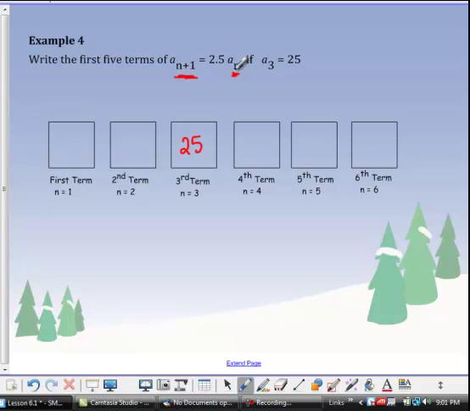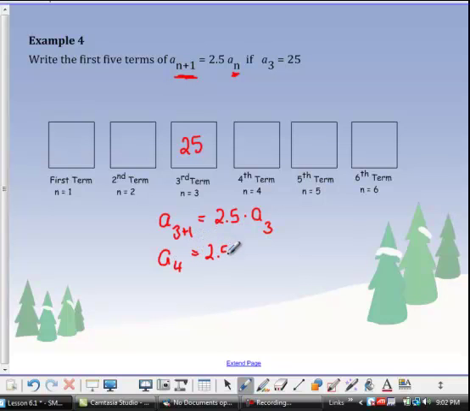So in this case, the only term I know is the third term. So I'm going to put 3 in for n. So a sub 3 plus 1 equals 2.5 times a sub 3. Well, a sub 3 plus 1 means I'm looking at the fourth term. Great, don't know what the fourth term is.